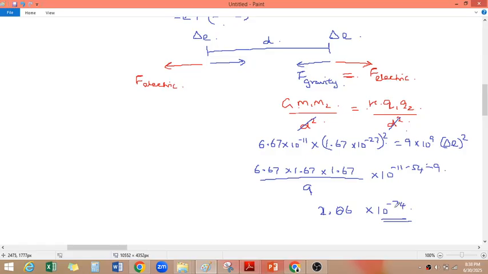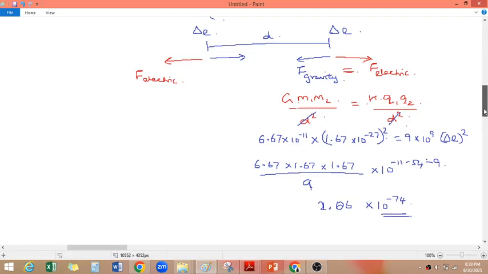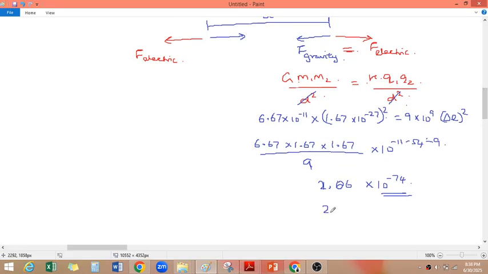Everyone following what I'm saying? Do you understand? Suppose it had come as 20.6, what would we do? We would write it as 2.6 into 10 power minus 73. But here, since it is already less than 9, this number is not going to get affected. Now the order of magnitude depends only upon this one, not this one.